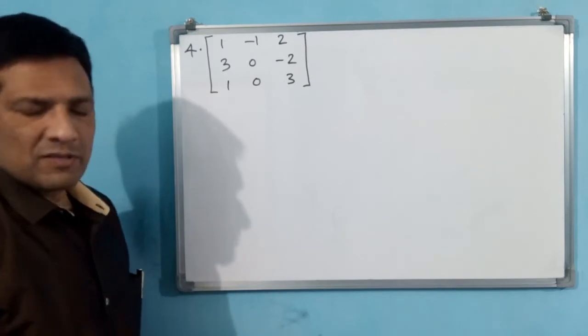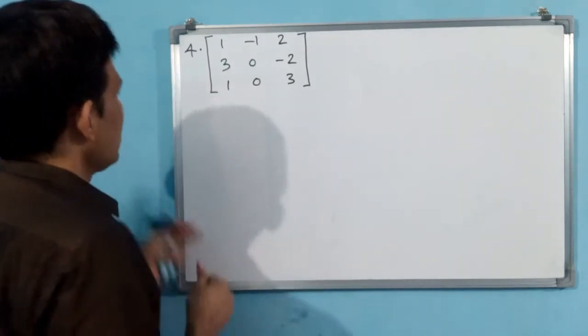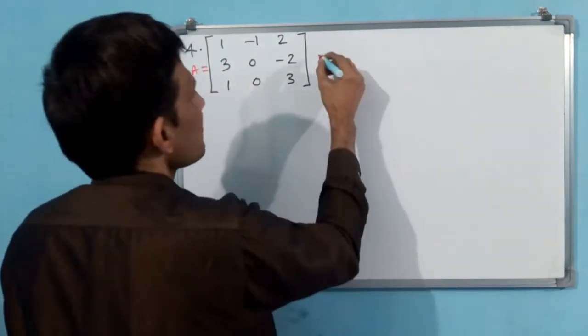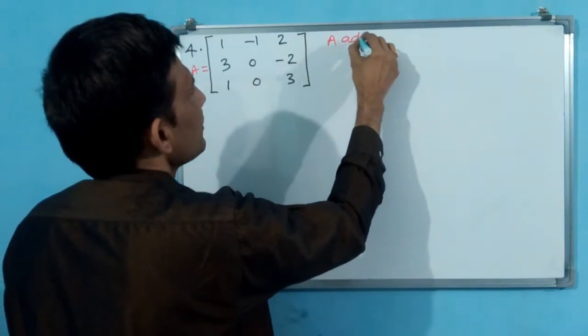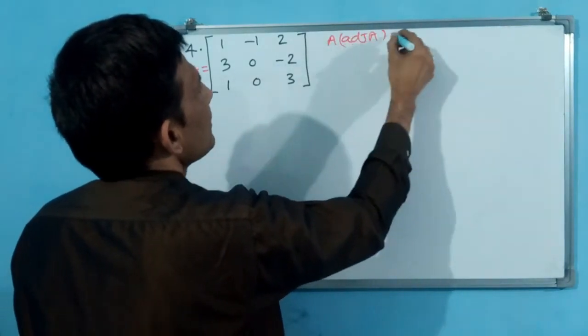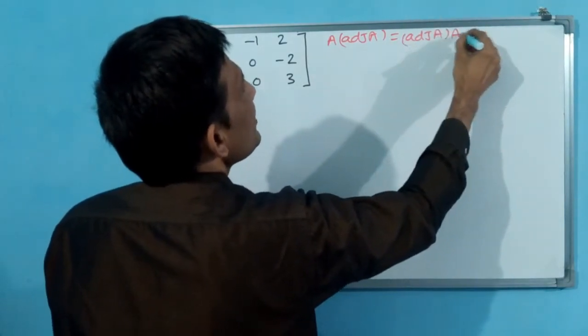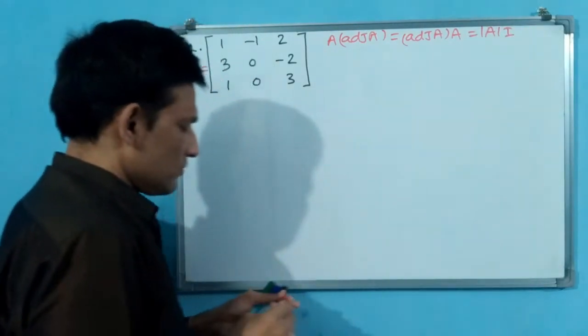Okay. First what we do, let us take this as A and find first determinant A. Why? Because see, I am writing again here: A into adjoint A is equal to adjoint A into A, that is equal to determinant A into I. This you have to prove.